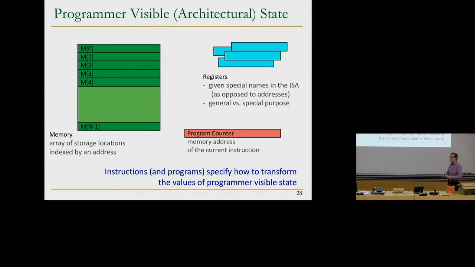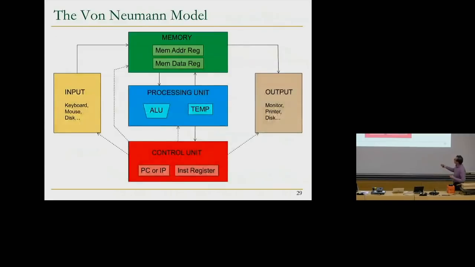Now you have the instruction captured in a register. You can actually figure out what it is saying. What is the command, basically, that the machine should do? Okay, and the von Neumann model is all about that, basically. You go through these instructions.